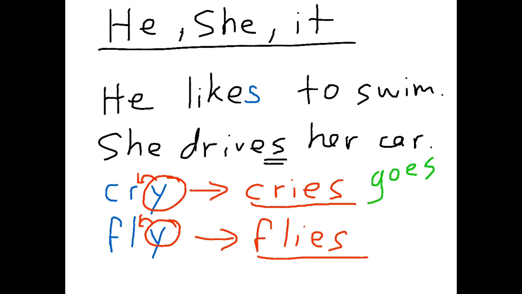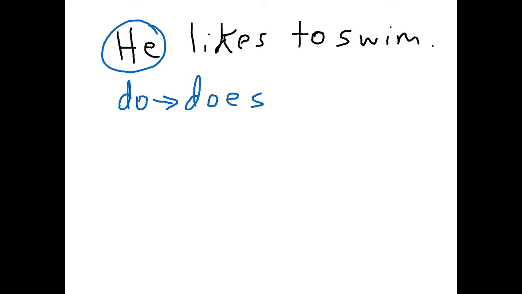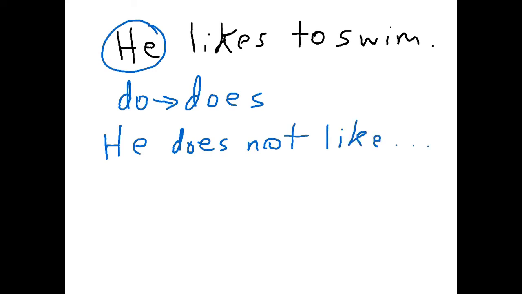That becomes goes. And to form the negative and yes, no questions with the third person singular, your auxiliary will go from do to does. So if we want to transform he likes to swim, the negative will be he does not like to swim.